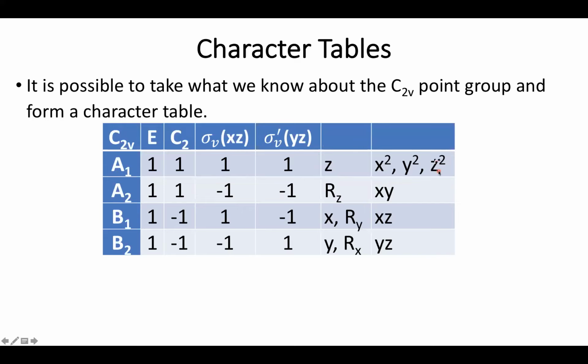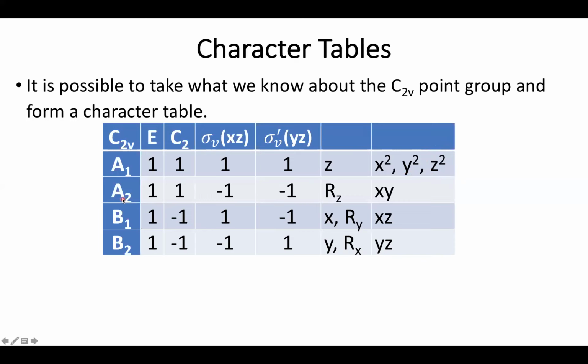It also turns out that over here on the right, we'll see how combinations of our basic coordinate systems will also behave under symmetry. So if you have an operator that follows x squared or y squared, it's also going to be completely symmetric. But here's another important one. What about our dz squared orbital? It turns out that that is also going to be completely symmetric in this C2v point group, again, as long as it's on the central atom.